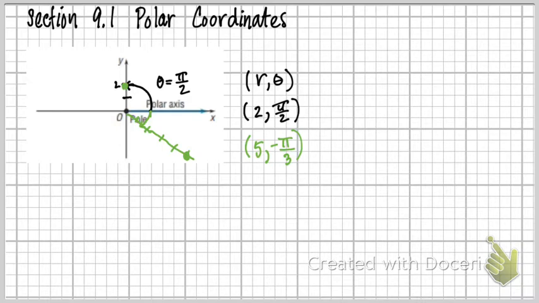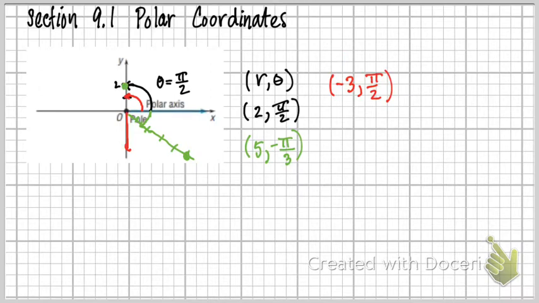Now let's take a look at the point (-3, pi halves). That means I would follow the same pattern. So I'd go this way to pi halves. And then since this is a -3 for my radius, this means instead of going in this upward direction, I would actually go in this downward direction because it's the opposite direction, and that's what the negative does.